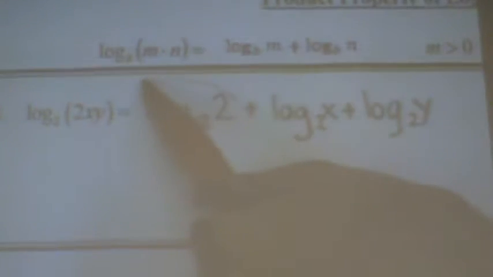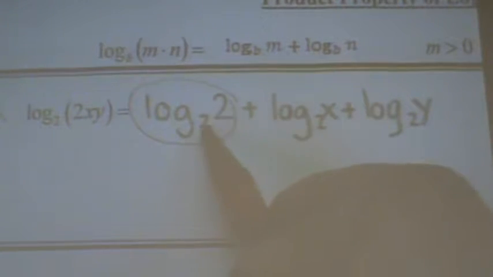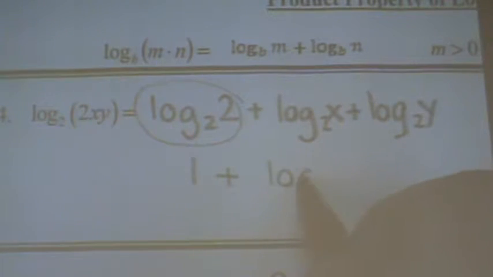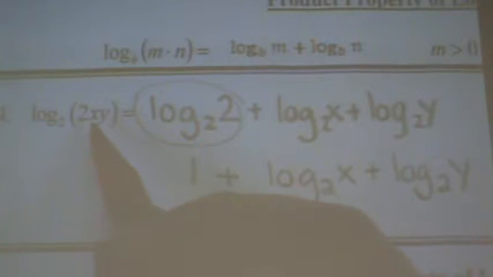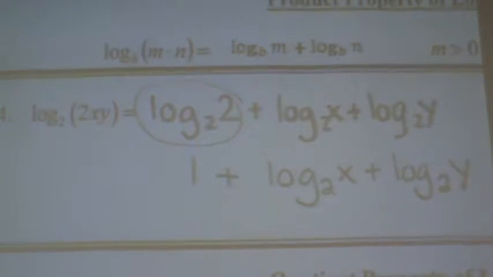I'll give you a hint. That equals 1. We just talked about it. When the base and the number are the same, that's equal to 1. So if you have a product, you're going to break them up by adding.